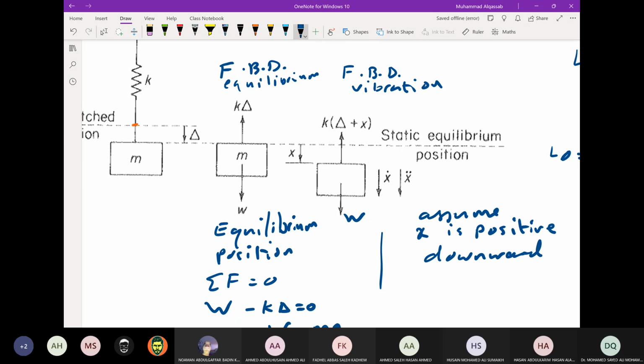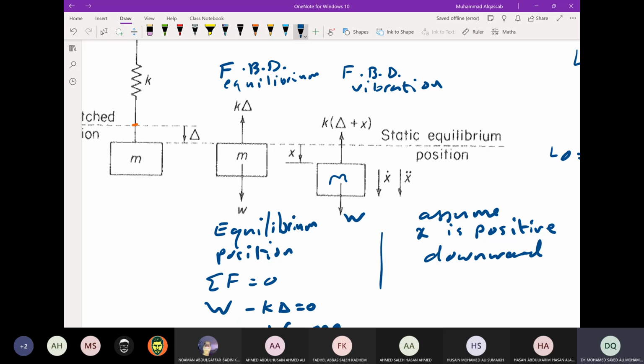Now here, although the free body diagram is drawn in the positive direction, this is not at equilibrium. This is when the mass is moving with acceleration. And this is only an instant of time, or what is called an arbitrary position. This is not at a given or specified value of x.